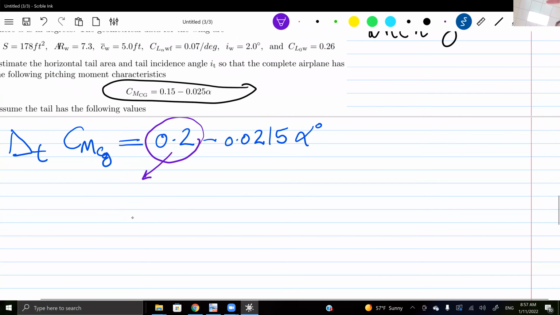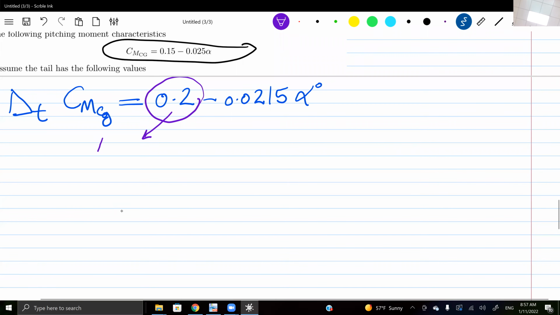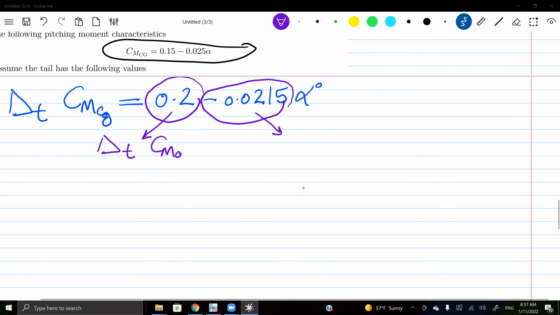It looks a little bit pedantic, but it's not. It's delta tail of the CM naught, right? And what about this number? Any suggestion? Delta tail CM alpha. Exactly, thank you.